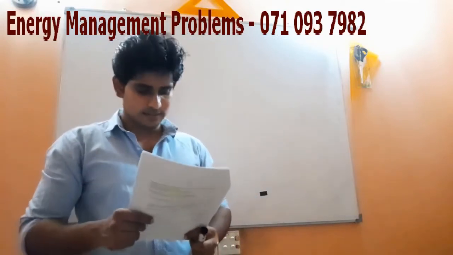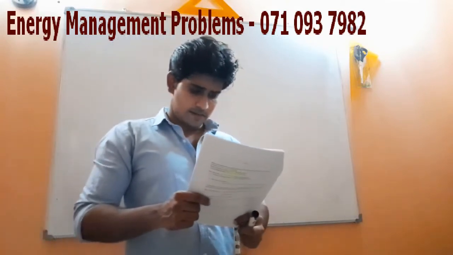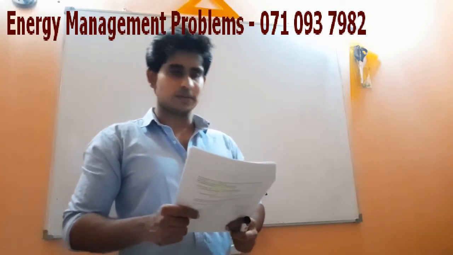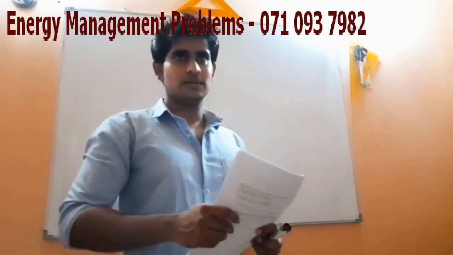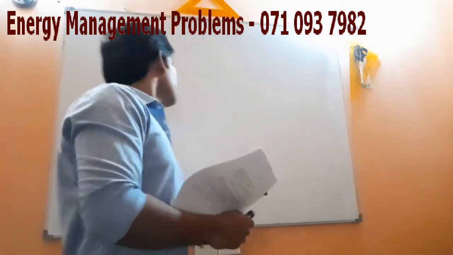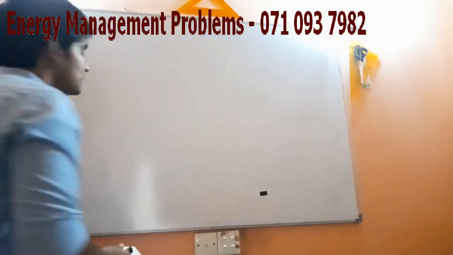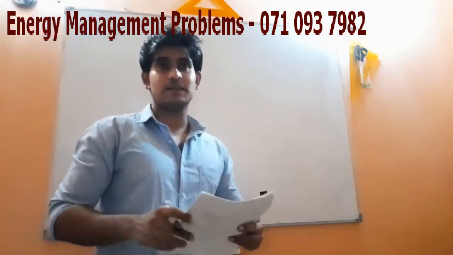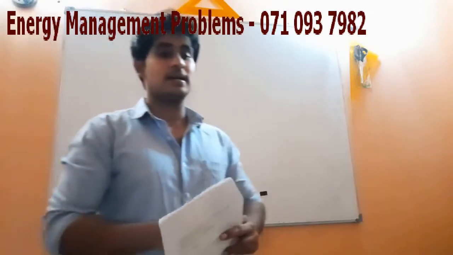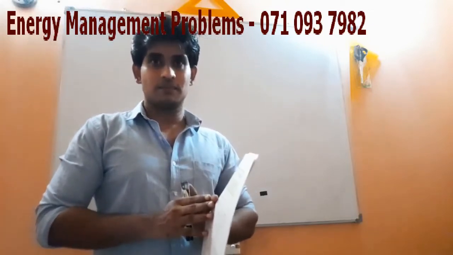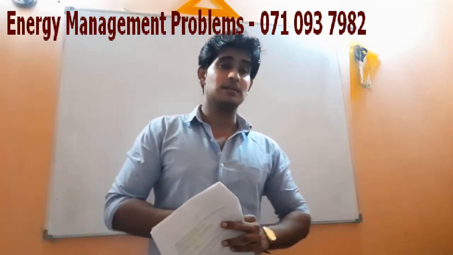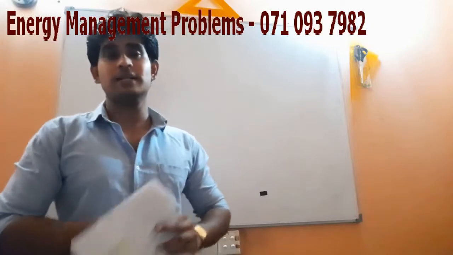The first part that they are asking is to find the boiler efficiency and the electrical power generation. So the first part is to find the boiler efficiency. Let's see how to do that. Now, in this problem, after studying the problem, you will see that the information of the fuel is given based on the dry basis, 100% dry basis.